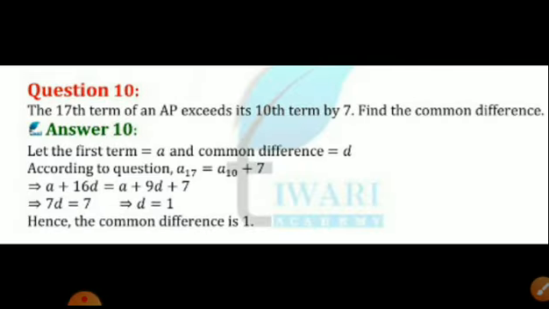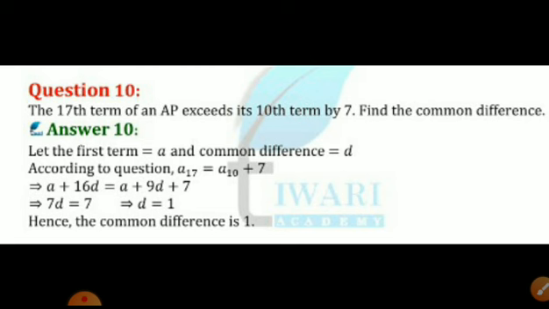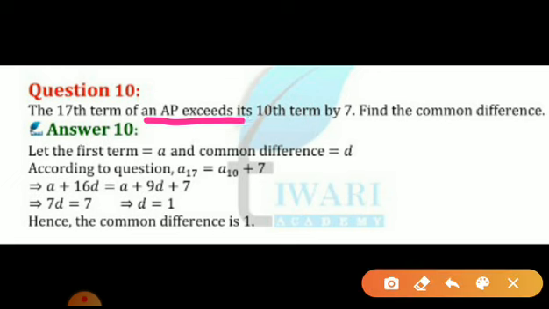Now see the next. The 17th term of an AP exceeds its 10th term by 7. Exceeds means what? It is greater than. That means my 17th term is greater than the 10th term by 7.